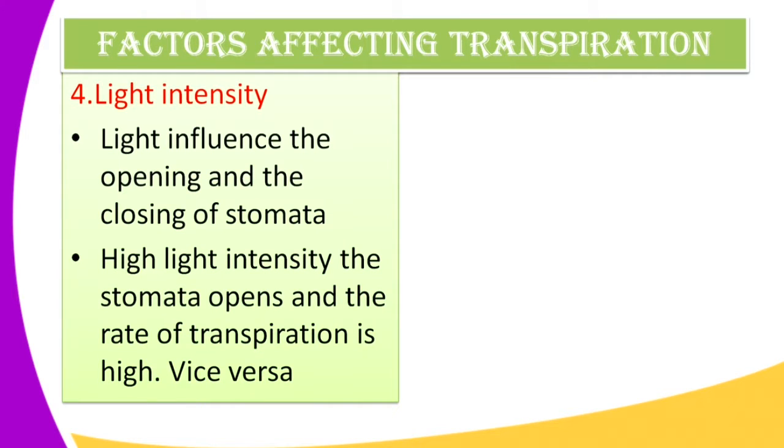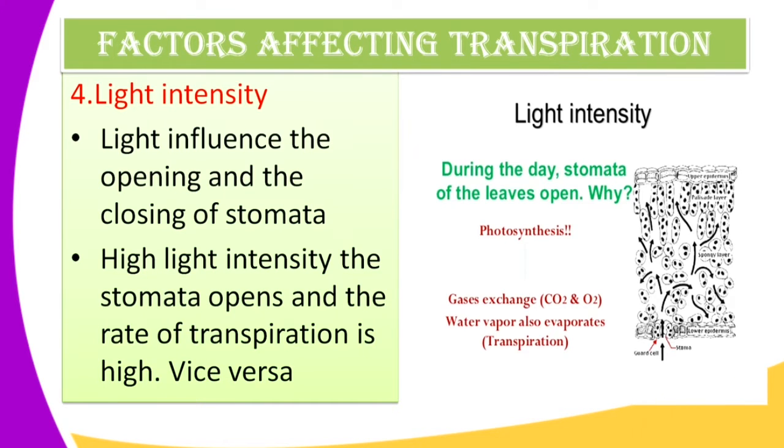The next factor is light intensity. So the light influences the opening and the closing of the stomata. With high light intensity, the stomata will open up and the rate of transpiration is going to be high. While when the light intensity is low, it means there will be less stomata opening up. Looking at the illustration, during the day, the stomata of the leaves will open up. Why?